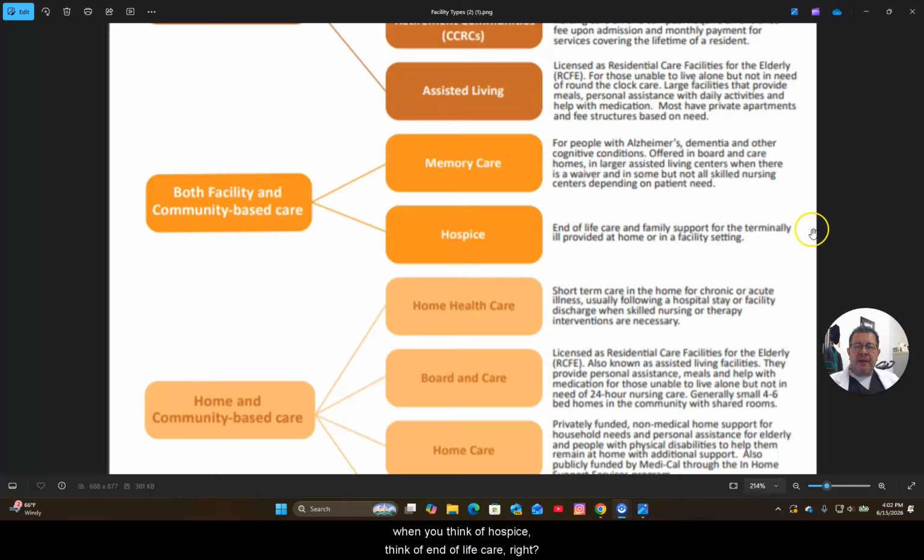Hospice. Now, when you think of hospice, think of end of life care, right? So the terminally ill, either they are putting themselves in hospice or their families are putting them in hospice. Now, you're asking yourself, because we all did at one point, why on earth would anybody want to get their teeth cleaned if they're going to pass away? And I asked that many times with my hospice patients, and the answer was always, you want to leave everything in order.